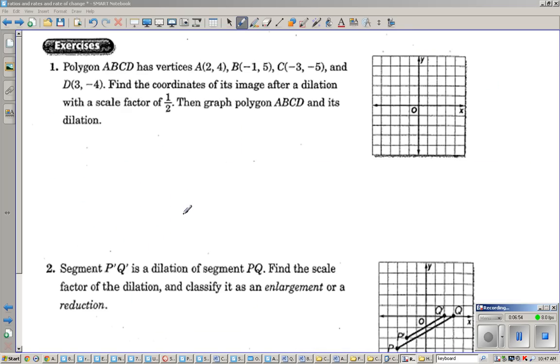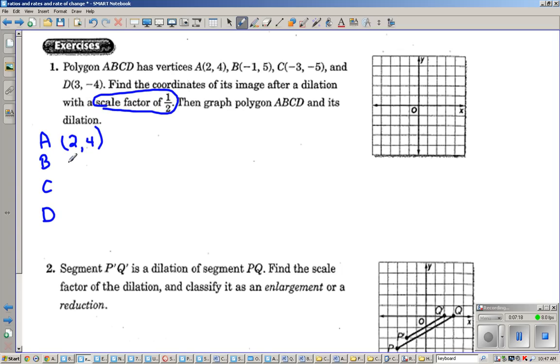All right, at the bottom of your study guide, we're going to have you do a couple of practice problems. I'm going to give you a chance to work them on your own, and then we're going to come back and go over them. Let's just look at the first one. They give you 4 ordered pairs, A, B, C, and D. You're to plot these and then figure what it would be if it's dilated with a scale factor of 1/2.